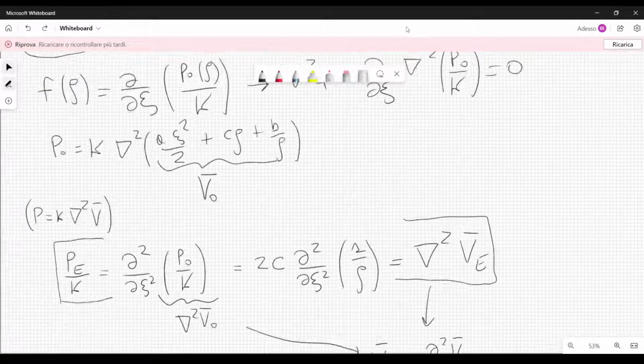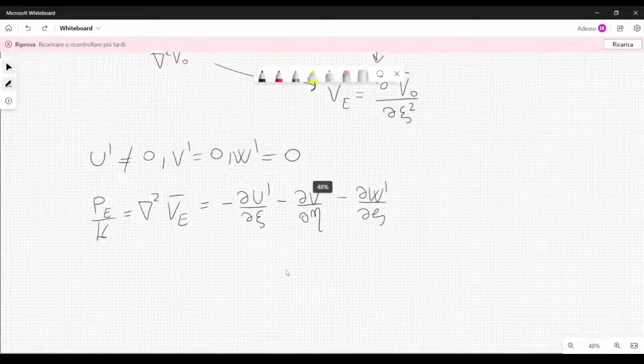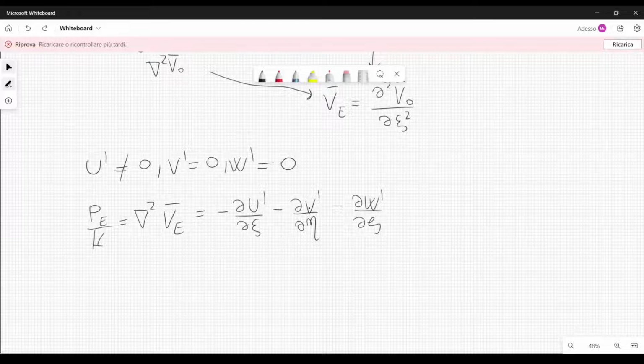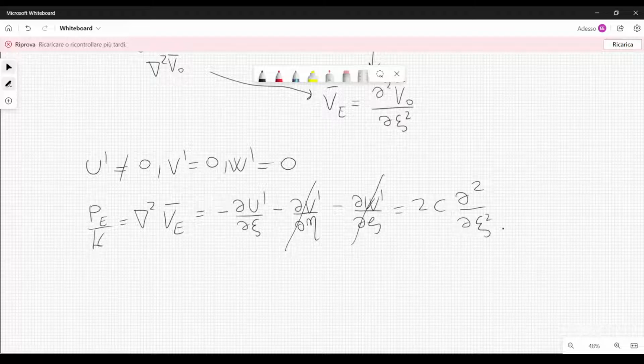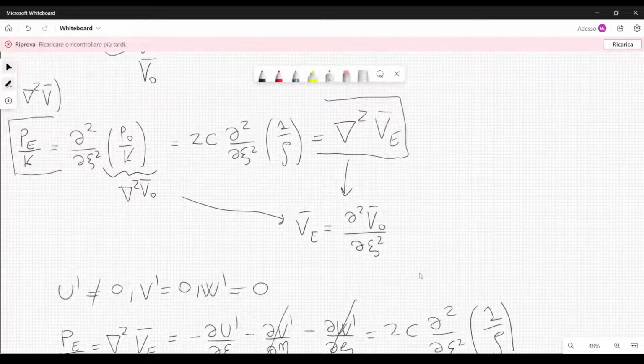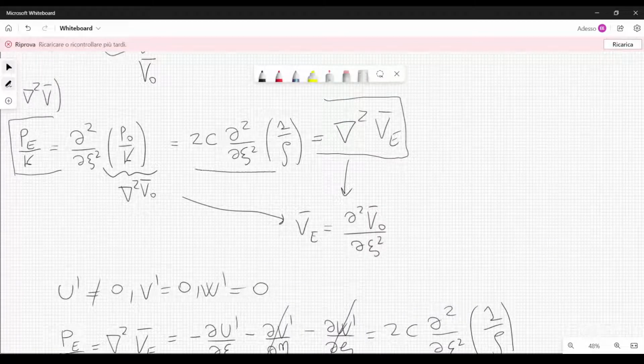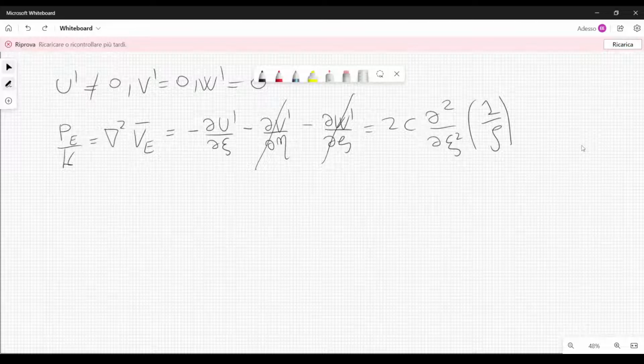And in our current case under investigation, since v prime is equal to 0 and w prime is equal to 0, we get this simplified equation, and del squared VE bar is equal to 2c del squared d xi squared of 1 over rho, like this. And this last equation comes from this last equality.